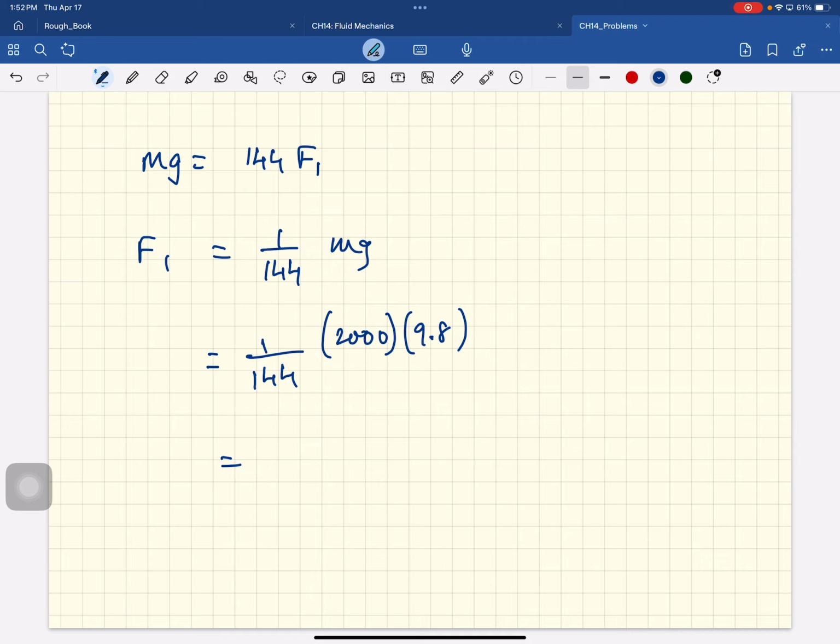Okay, 136 newtons. That is 13 kg, 25-pound force. So you're applying a 25-pound force and lifting up a 4,500-pound vehicle. So you can do that with a foot pump.